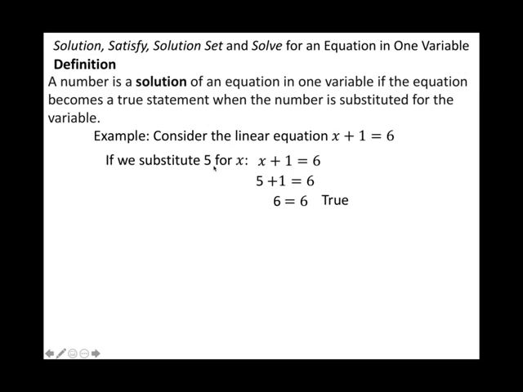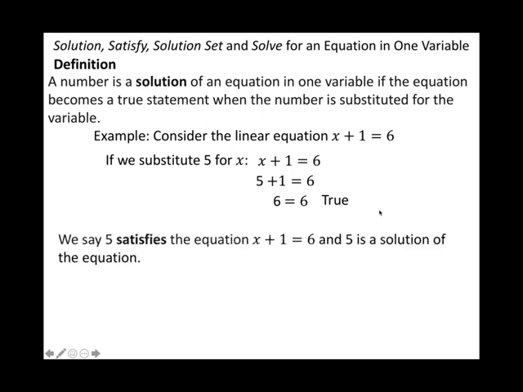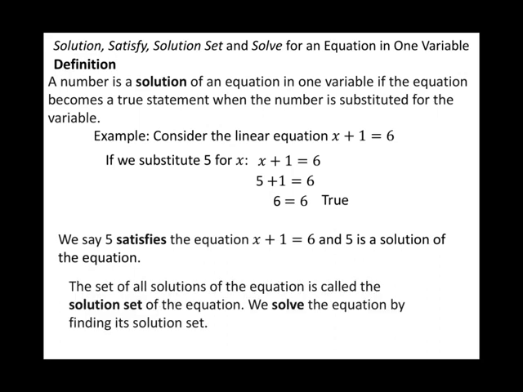Right now, I substitute x equal to 5 into this linear equation and I got a true statement. So this means 5 satisfies the equation, and I know 5 is a solution of the equation. For this example, we only have one solution, x equal to 5.